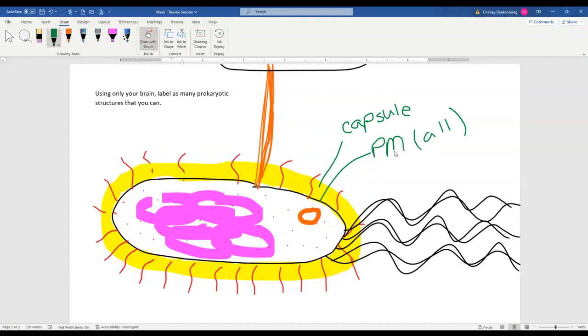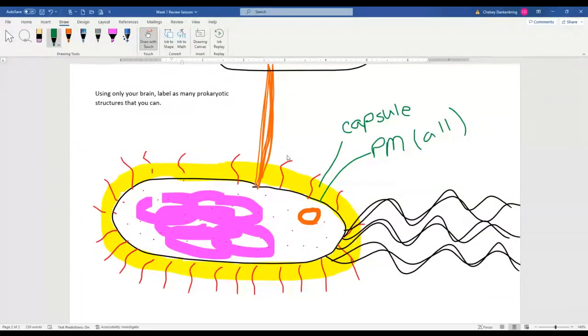If you're a living cell or a living organism, you have a plasma membrane. Capsules are optional. Most pathogens have them, like pathogenic bacteria, but other bacteria that aren't dangerous typically don't have a capsule. Because they evade the immune system, you tend to find them on pathogenic bacteria.